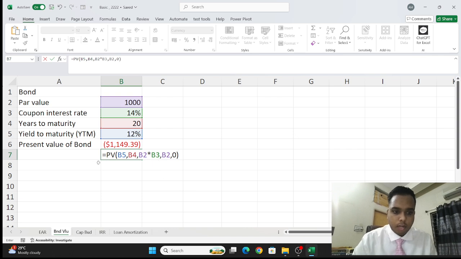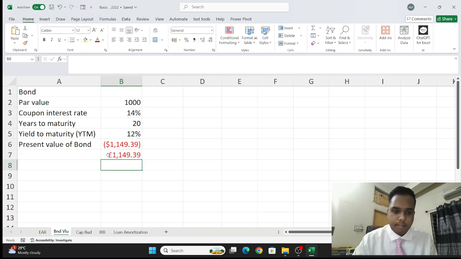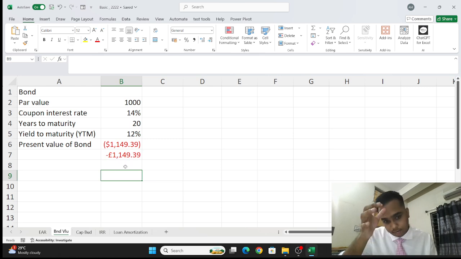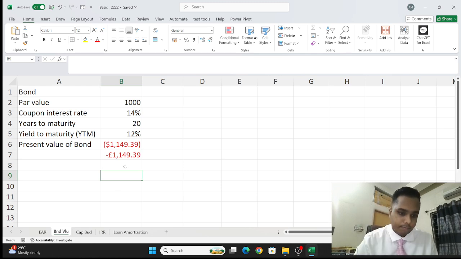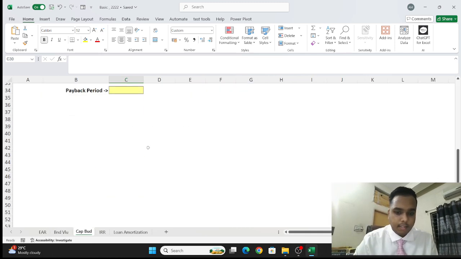So this is the formula to calculate the present value of a bond using Excel. Then we will click on enter. So this is the present value of the bond, 1149.39.